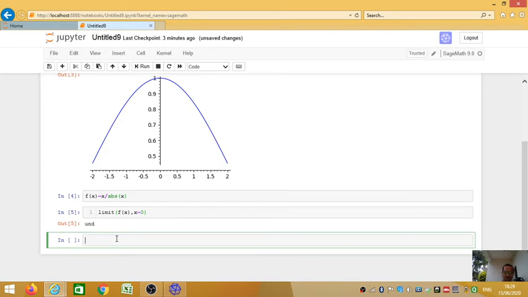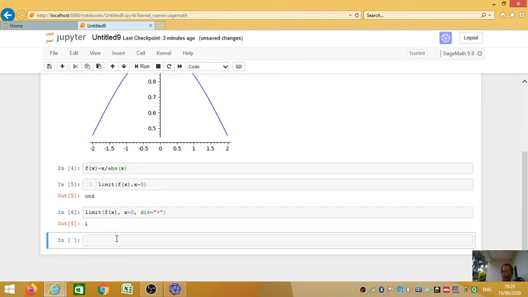So next, we can also find out the left hand limit and right hand limit. Why undefined? So we'll take the right hand limit and left hand limit of this function at x equal to 0. So for a right hand limit, you have to put here dir, direction, along positive, which means right hand limit. So what is the value of the right hand limit? Definitely it will be 1.